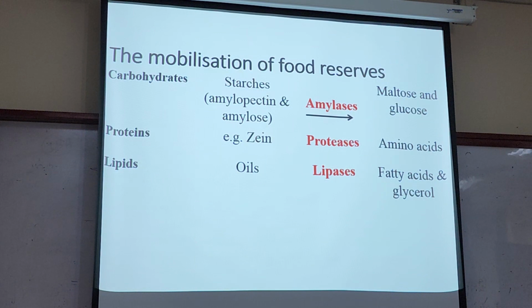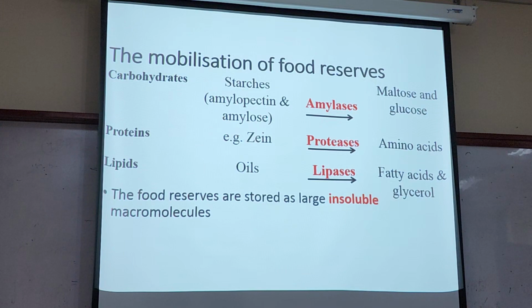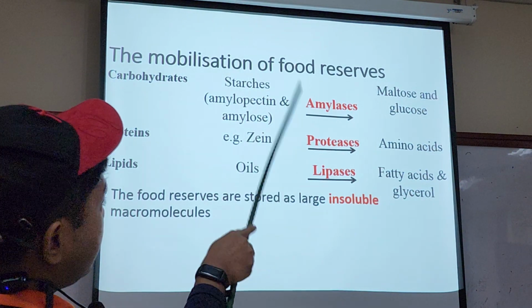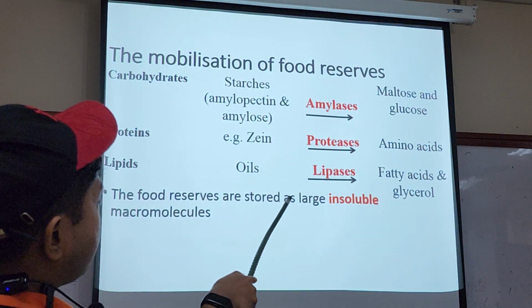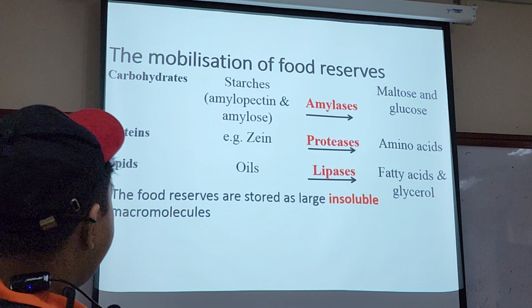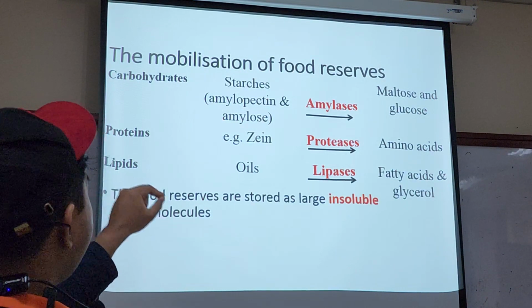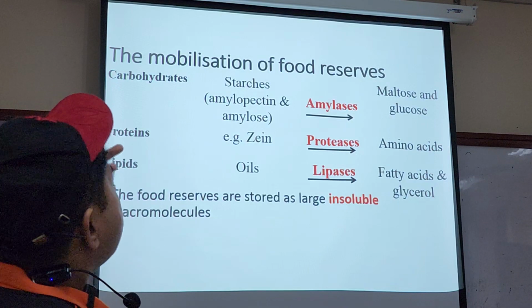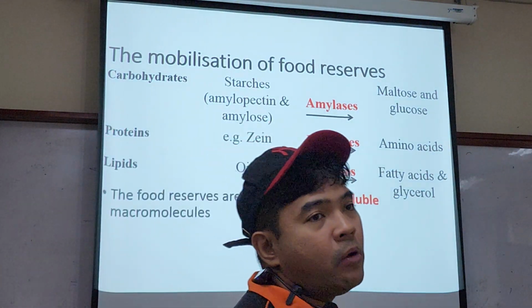Okay, so everything is broken down so that the nutrients can be absorbed by the embryo and the embryo can grow happily, right? One important point to take here is that all this started off as large insoluble macromolecules.